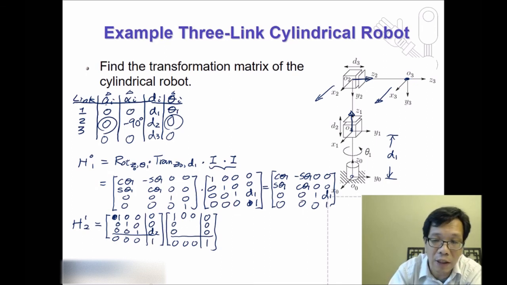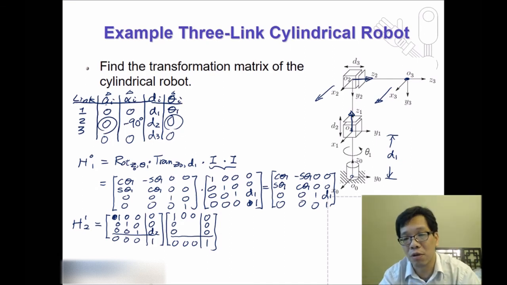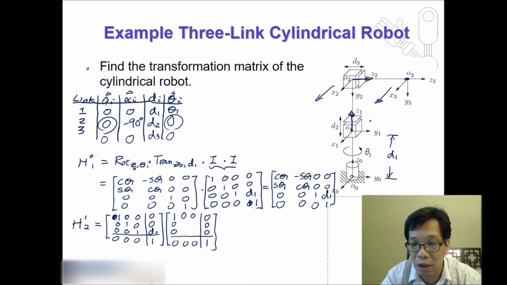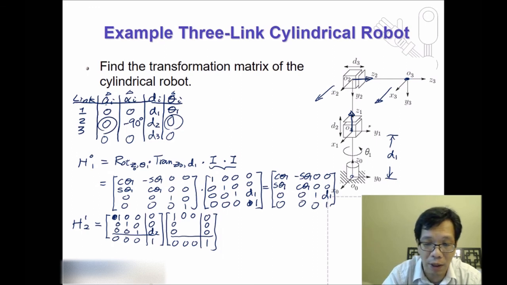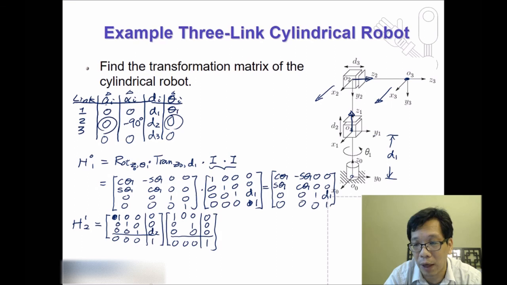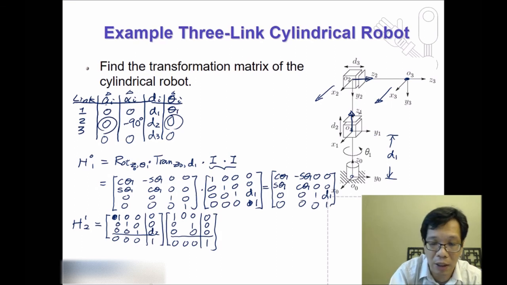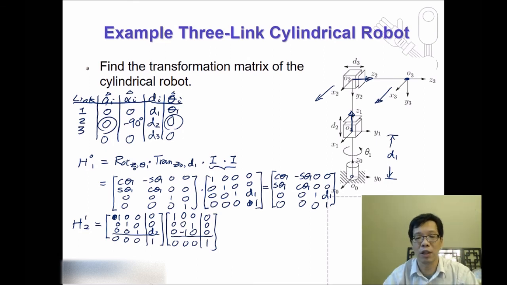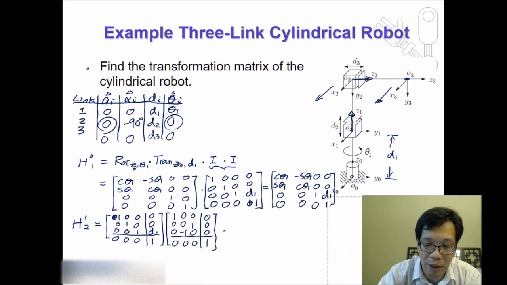Or you can just use the projection over here. So x2 is going to be the same as x1. Z2 is going to be along y1, so it's going to be 1 over here. The z is projected to the OY, but the y is projected to the negative OZ. So it's going to be negative 1 over here and 0 over here. So this completes my transformation matrix.